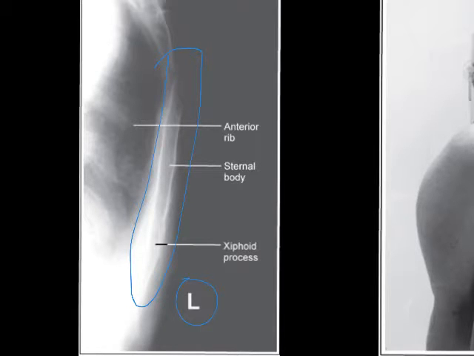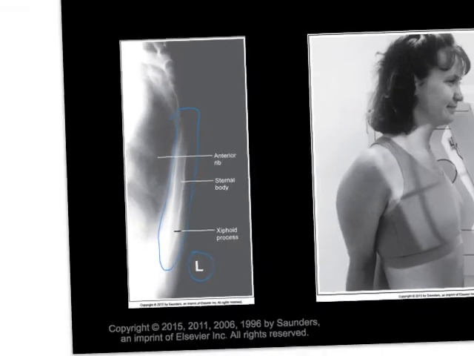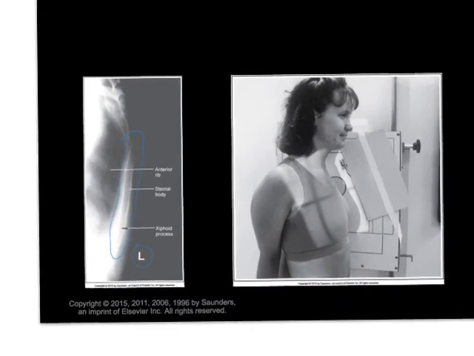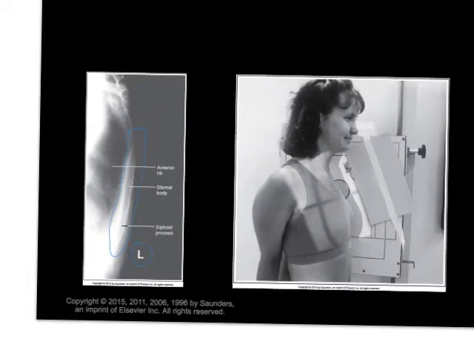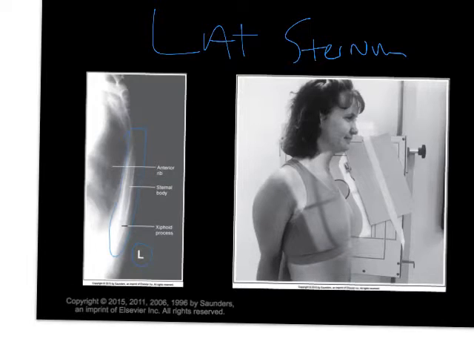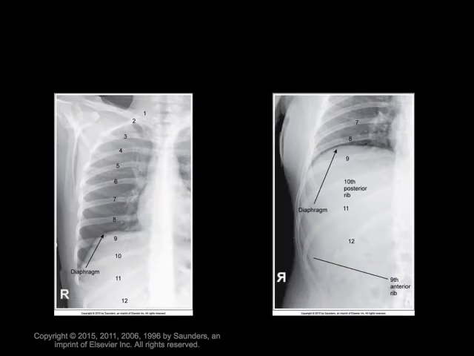So without knowing, in any way, shape, or form what this position is, as we describe what we're seeing, we're able to say, this is a lateral sternum. This is a good skill to have, to just be able to look at an image and start to gauge what this position is.